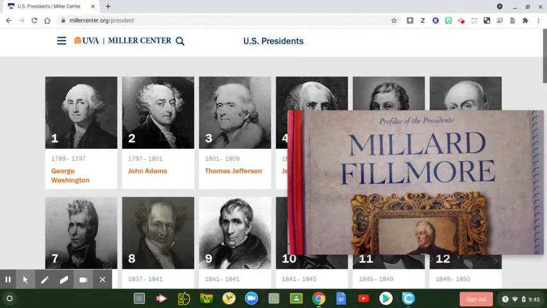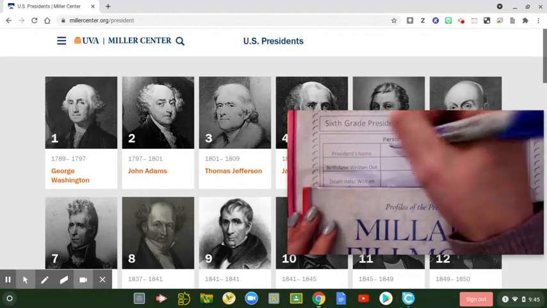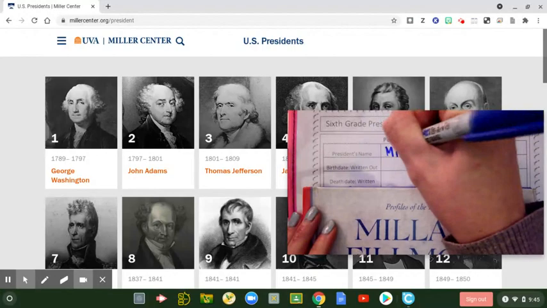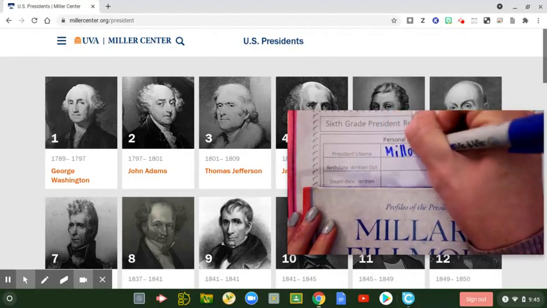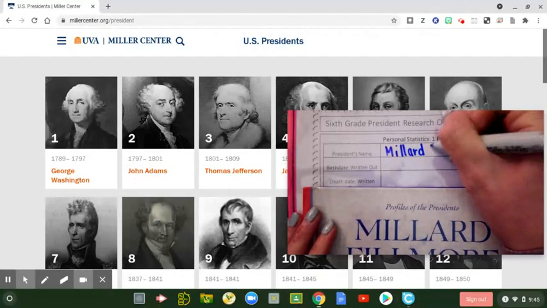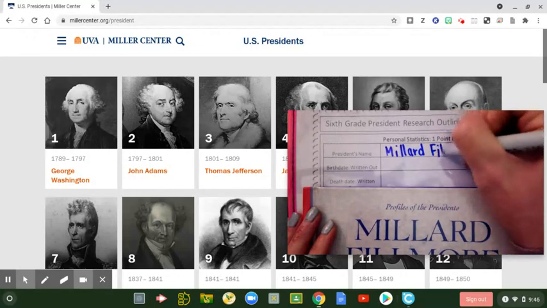And I'm going to write his name, Millard Fillmore. There is absolutely no reason to spell it wrong if it is right in front of you. Please remember that. All right, so capital M, ILLARD, capital F, ILLMORE.